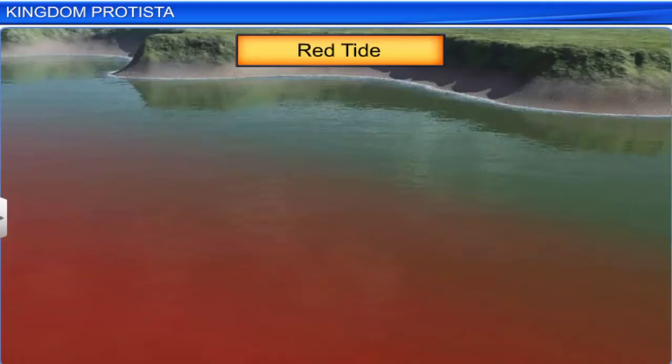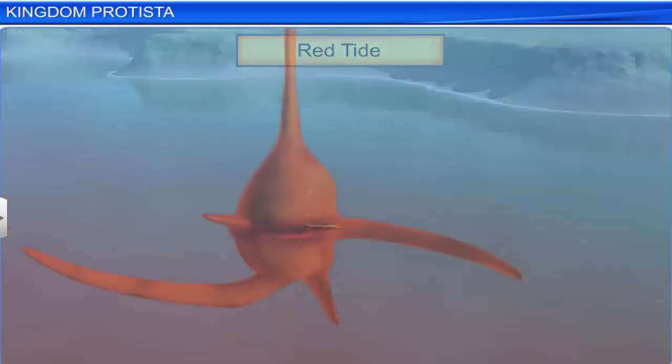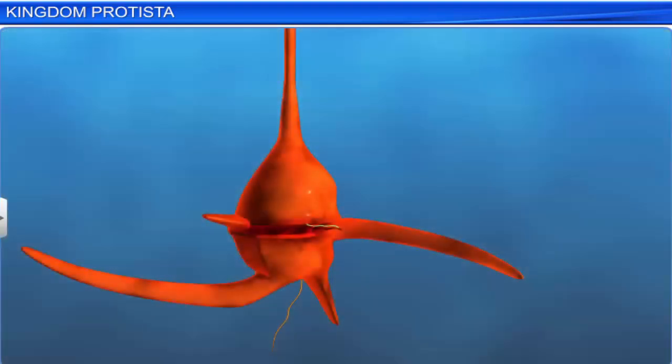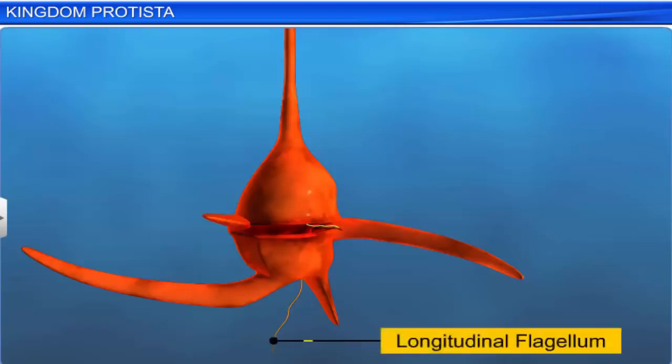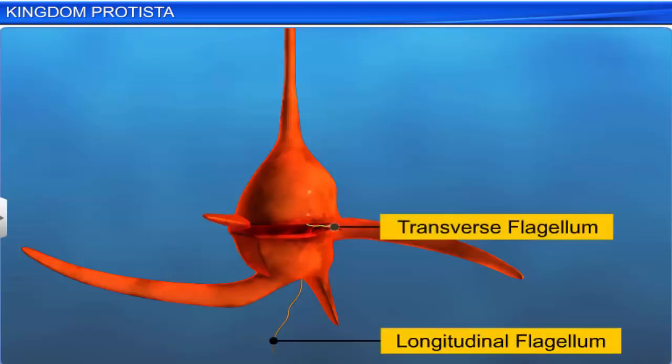This red tide phenomenon is known to be harmful, as the toxins so released can kill other marine animals such as fish. Dinoflagellates usually have two flagella, longitudinal flagella and transverse flagella. Their names indicate how both the flagella are positioned.